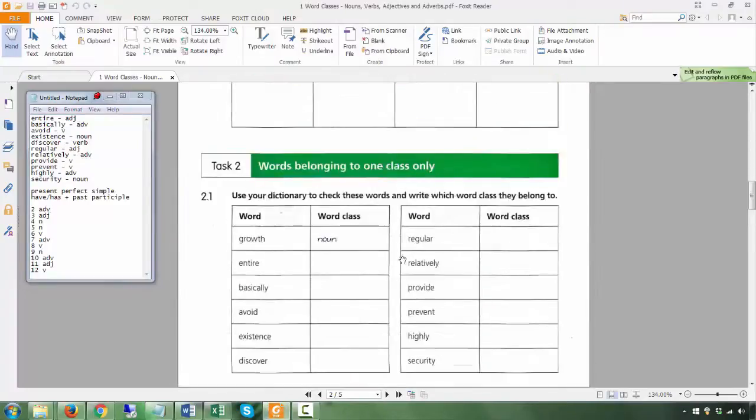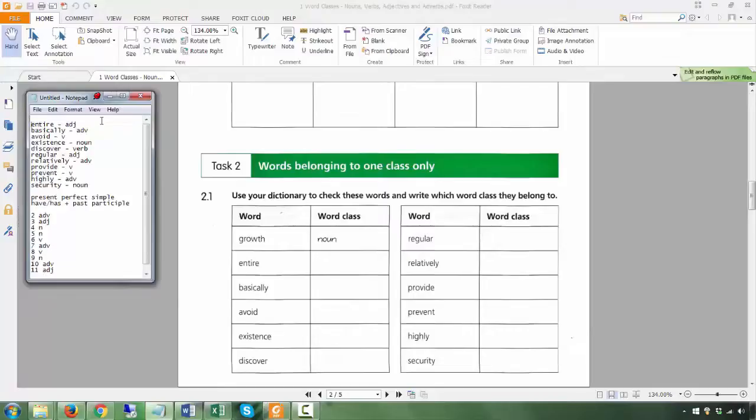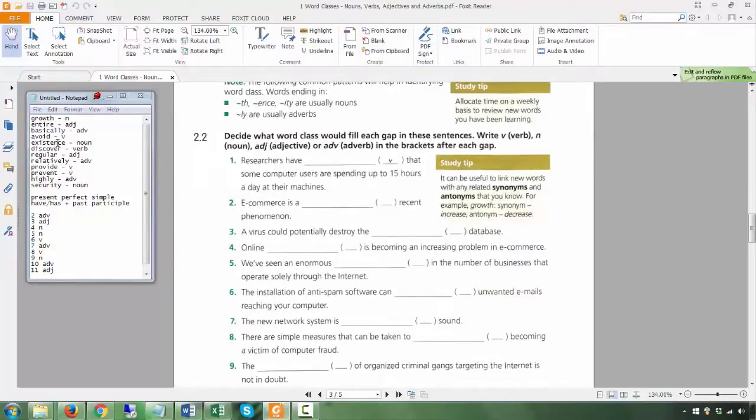What else is there? You also have growth here, which is a noun. So you have your verbs: avoid, discover, provide, prevent. Okay, researchers have discovered.